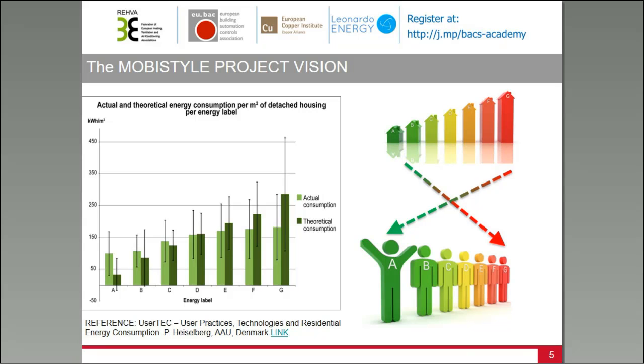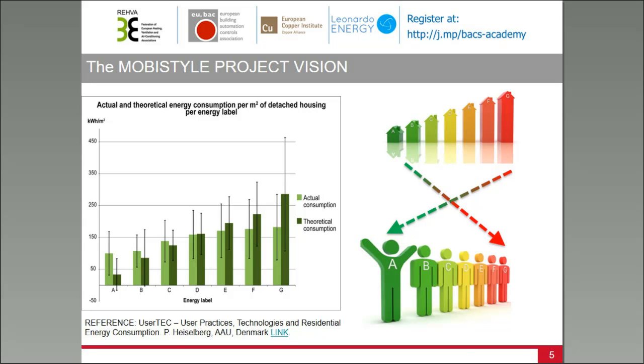The interesting part, and it's also shown in this graph, is that when we think about the performance gap between the theoretical energy consumption, predicted during the design phase, and the actual consumption, we tend to think that high performance buildings will consume less than expected, because we tend to assume that highly energy performing buildings are occupied by efficient occupants. But what this graph shows is exactly the opposite.